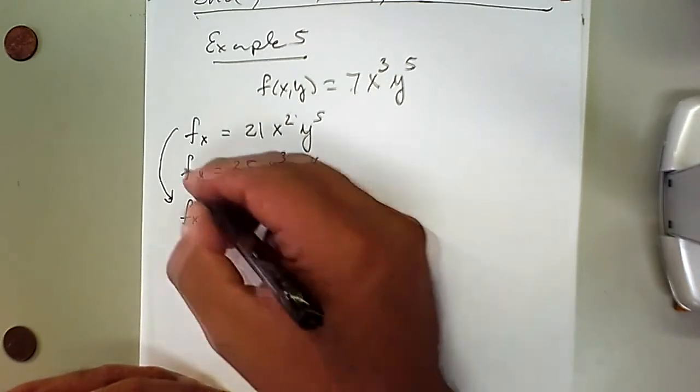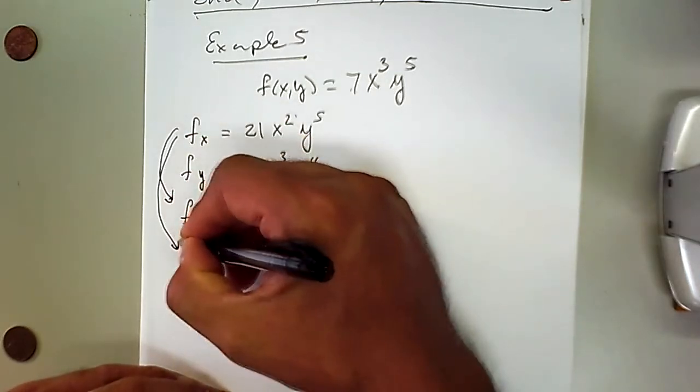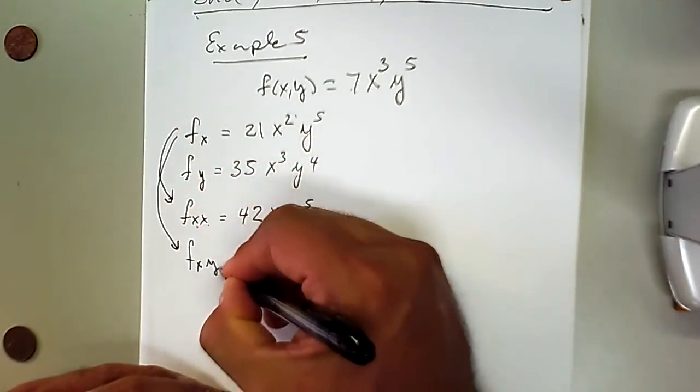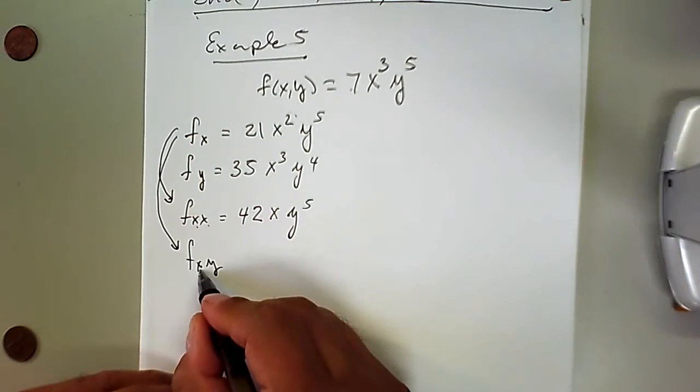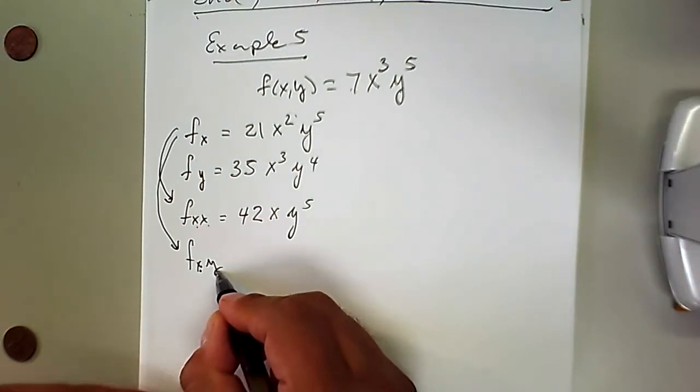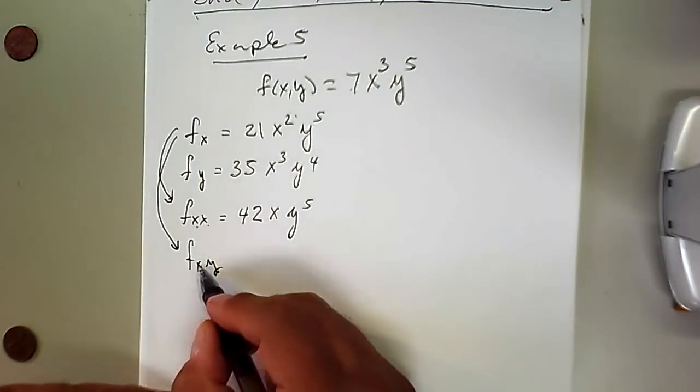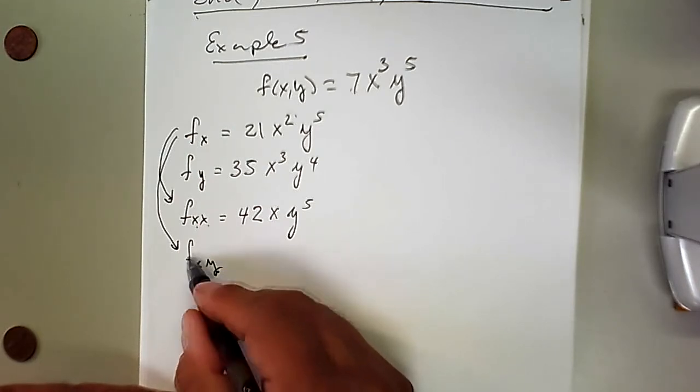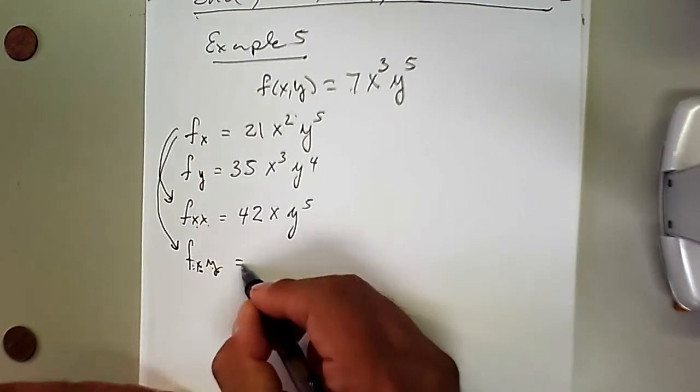We could also do f sub x y. So derivative of f with respect to x first, and after that, derivative of what we just found with respect to y.